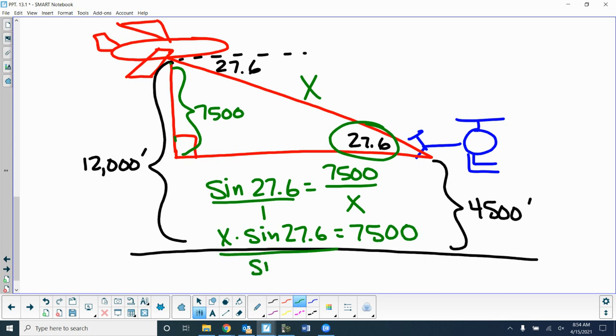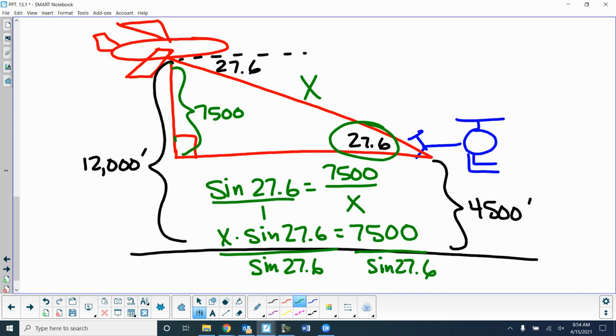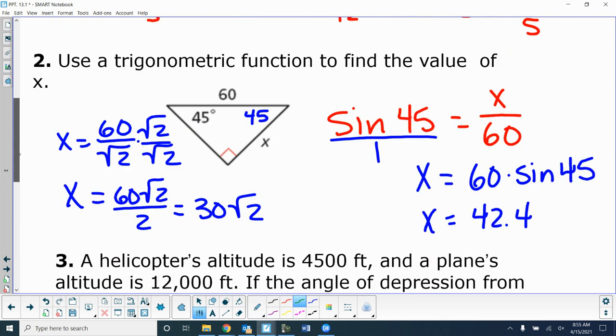And I divide by the sine of 27.6. All right, so whatever that is, 16,000 feet, 16,200. We round it a little bit. I don't know if the answers were on here somewhere or not, I guess not. Okay?